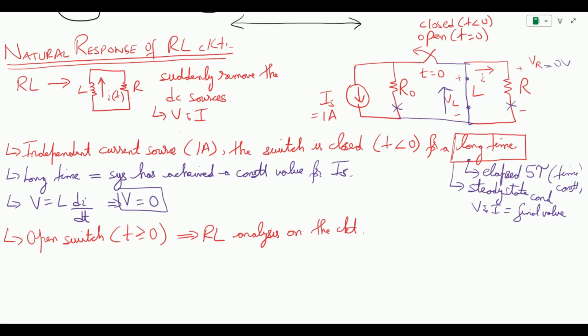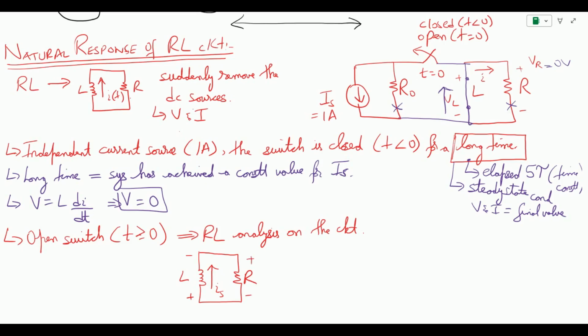Because when time equals 0, the switch gets opened, we are left with this configuration where we have an inductor followed by the resistor. So this is L, this is R, and the current IS, which was previously flowing through it, making this a DC connection, is now going to appear on this inductor as a whole. So this is our IS, and the polarities are going to be as such.